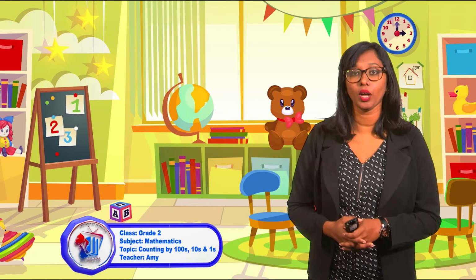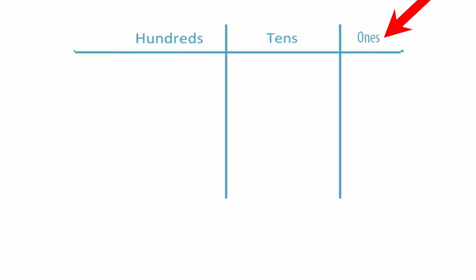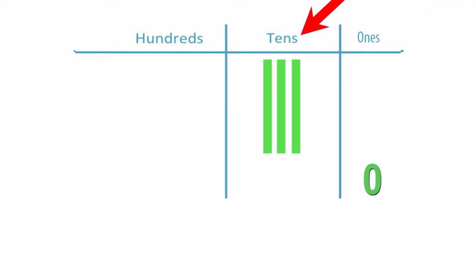I have one more for us to do. Here we have the ones column, the tens column, and the hundreds column. In our ones column, we don't have anything, so we write 0. In our tens column, we can see there are 3 long rods there.